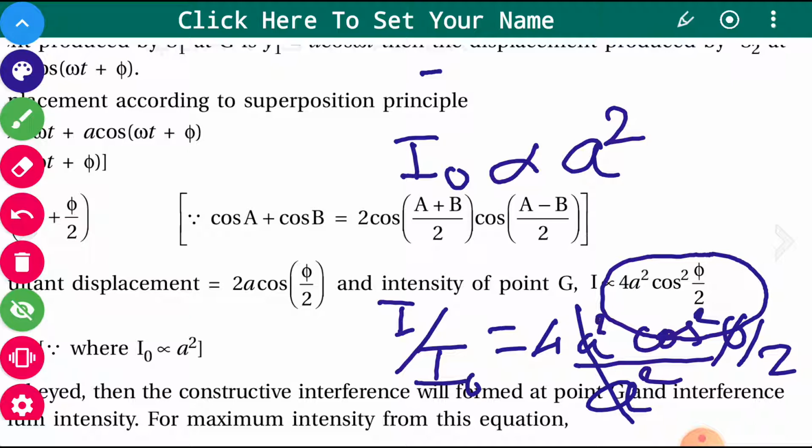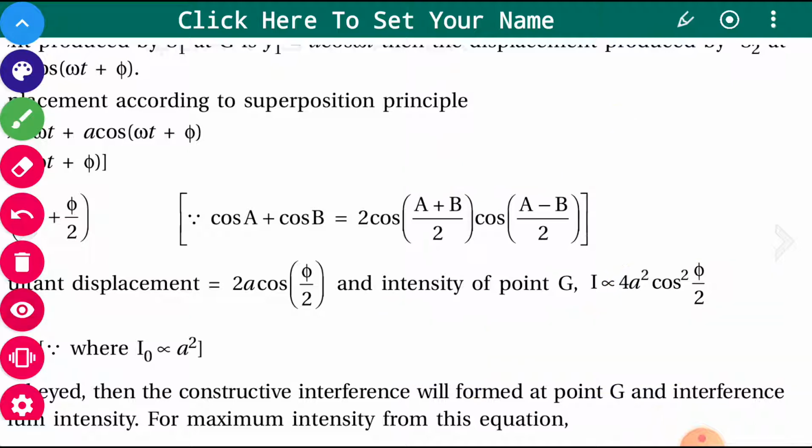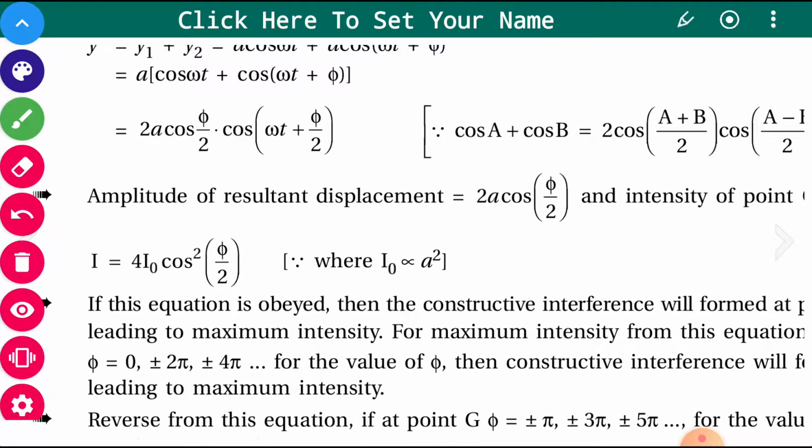So I upon I0 becomes 4 cos square (phi by 2). So I is equal to 4 I0 cos square (phi by 2). This can be written in this particular way: I is equal to 4 I0 cos square (phi by 2).